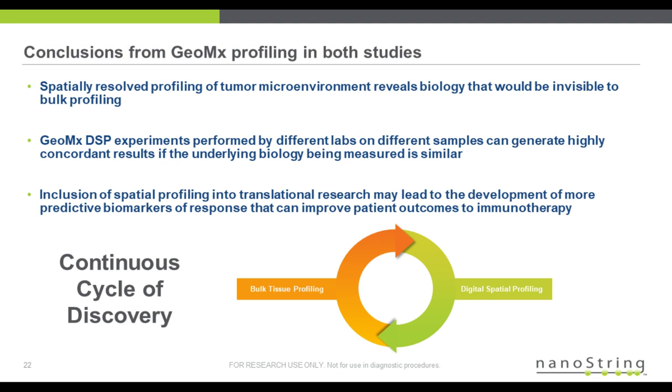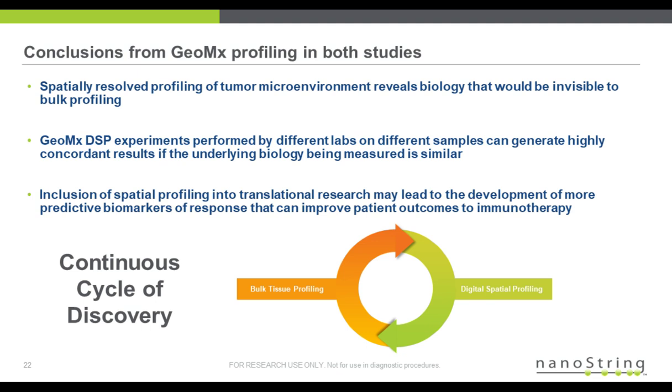And I hope you've also come to appreciate that incorporating spatial profiling into your translational research has the potential to lead to the development of more predictive biomarkers that may someday be able to be used to improve patient outcomes to immunotherapy by allowing us to target those patients which are going to be most sensitive to any given IO therapeutic.